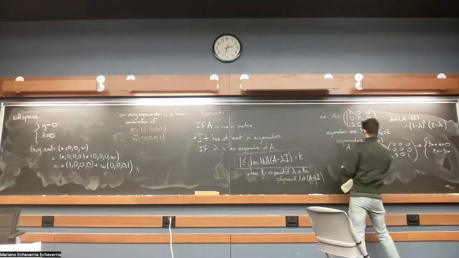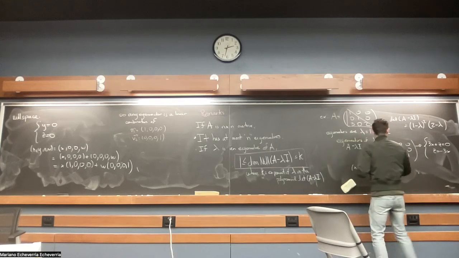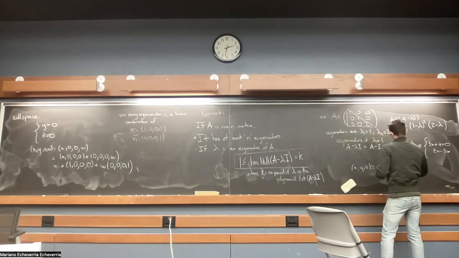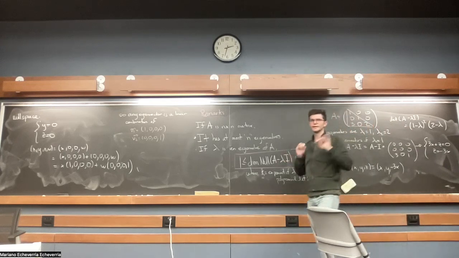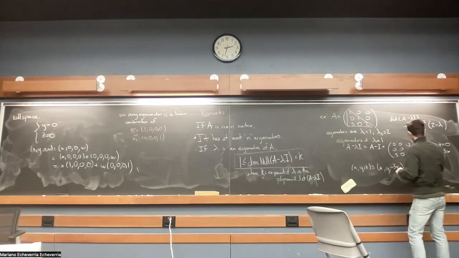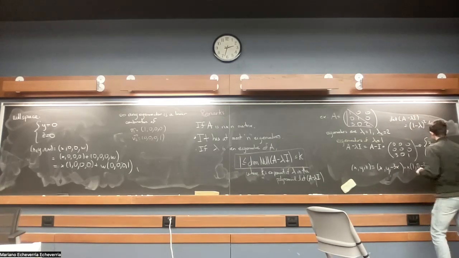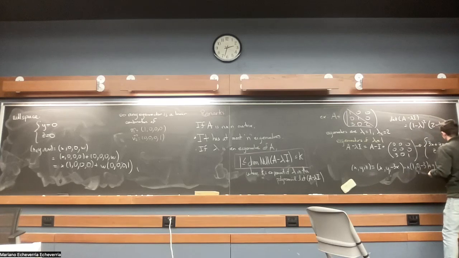So if you take a vector (x, y, z) in the null space for this eigenvalue, you get (x, y, minus 3x). Then we do the splitting, the stuff with x and the stuff with y. The stuff with x gives you x times (1, 0, negative 3) plus y times (0, 1, 0).